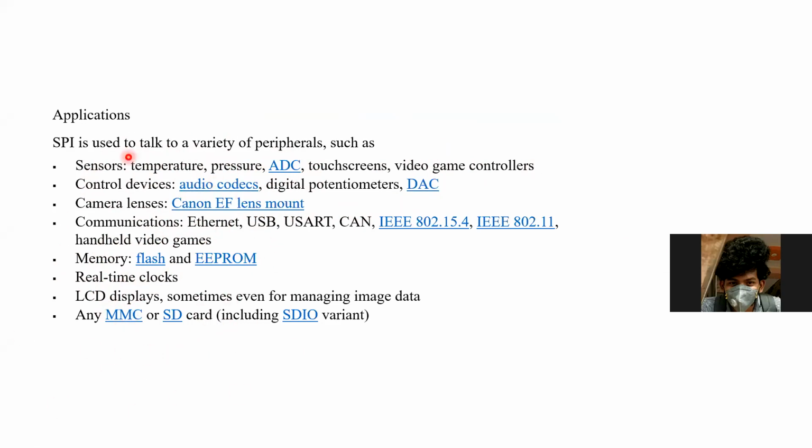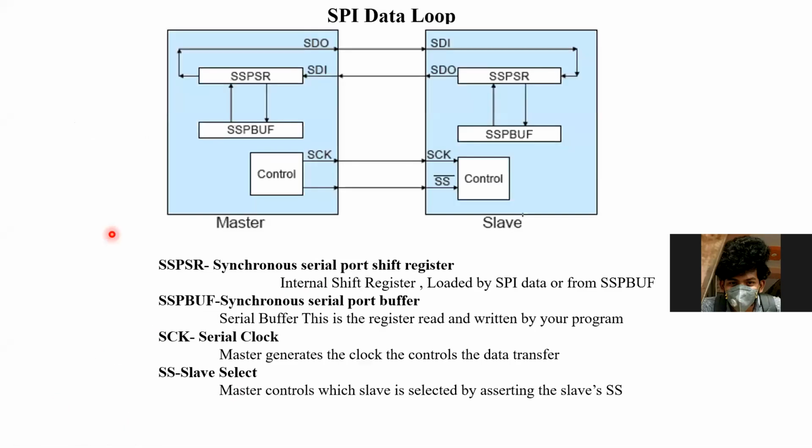So these are the various peripherals I can connect as slaves: temperature sensor, pressure sensor, memories, real time clock, LCDs, analog to digital converters, digital to analog converters, touch screens, handheld video games, video game controllers, and lens mounts.